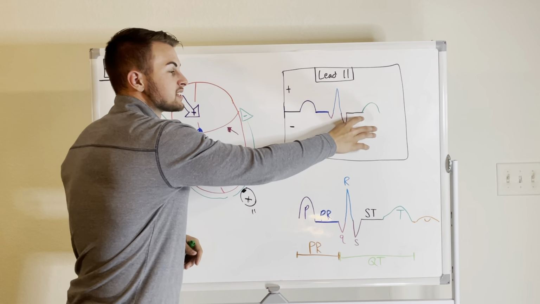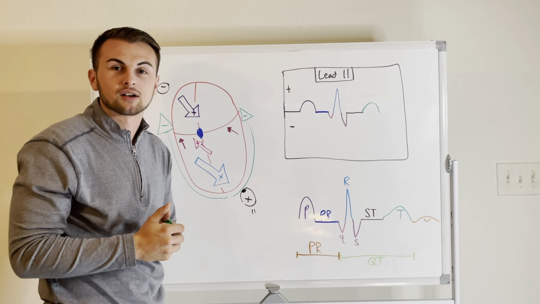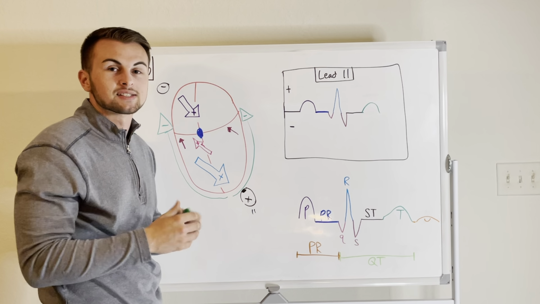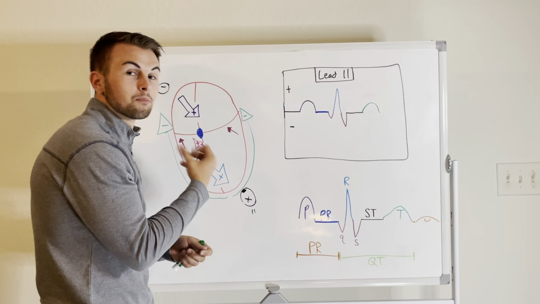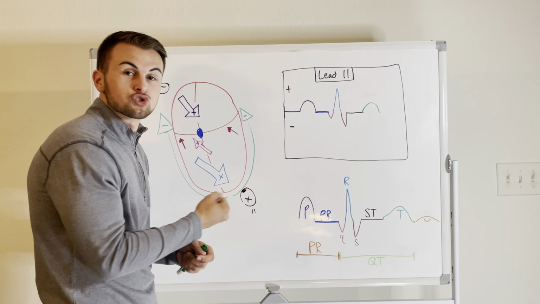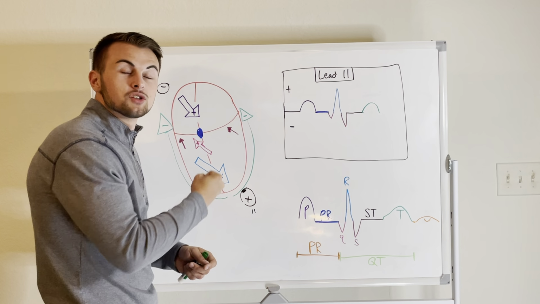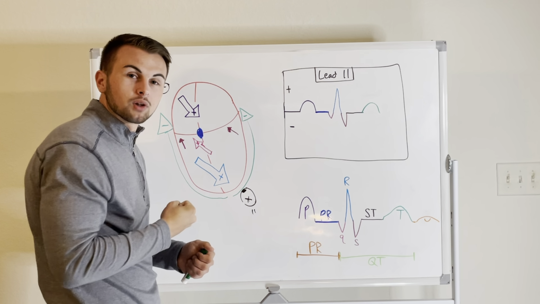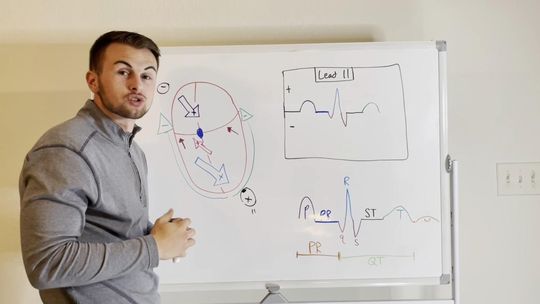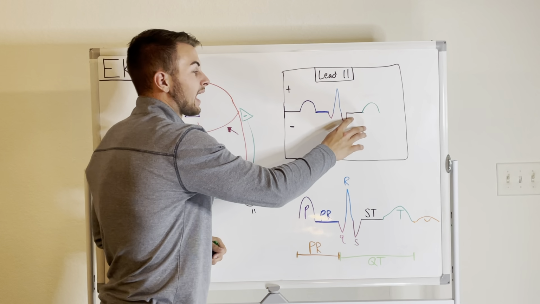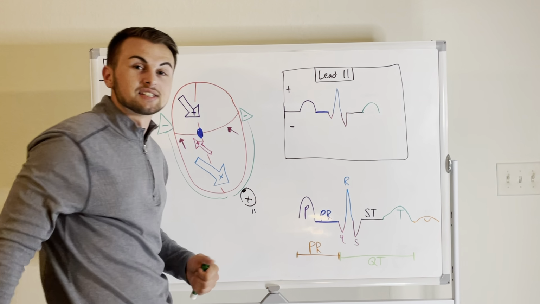And remember that the ST segment roughly correlates to the calcium plateau, which basically means that calcium is entering our ventricular myocytes, which leads to contraction, and it allows the ventricles to have that last bit of time to squeeze all of that blood out. So we say no electrical activity is happening, which is why we have this isoelectric ST segment.